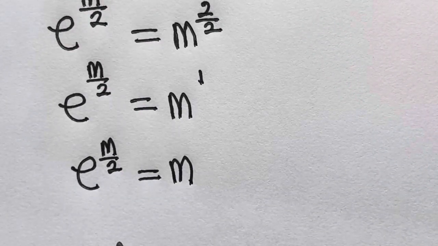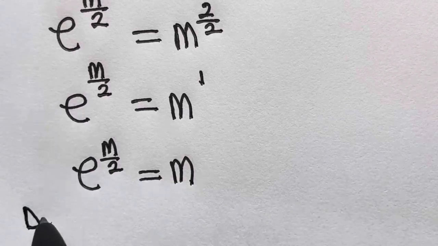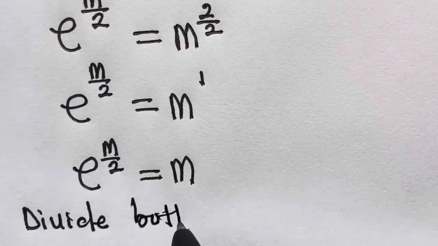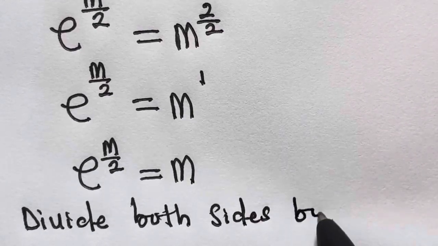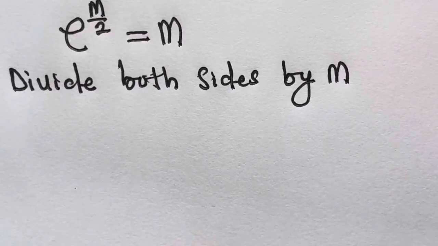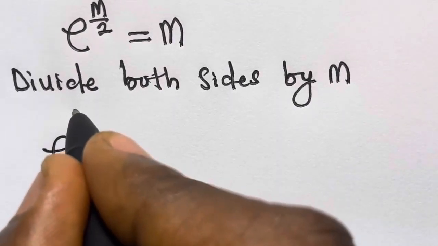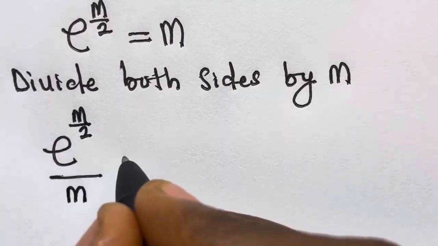So from here, we divide both sides by m. And if we do, we are going to get exponential m divided by 2, then we divide it by m, right?